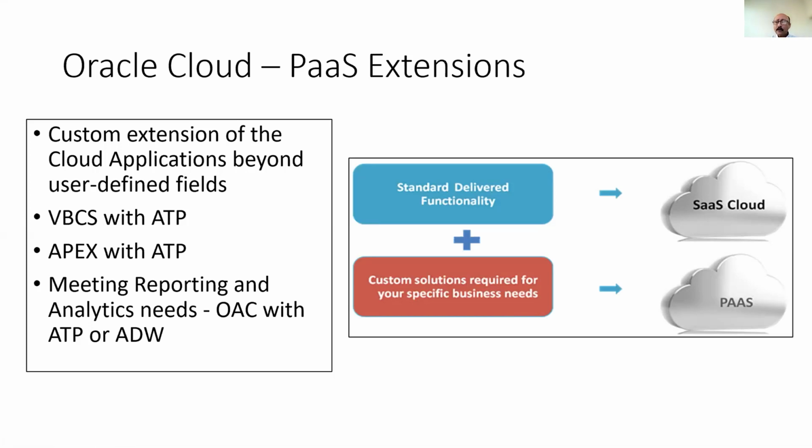And now, when you build an analytical solution, you have to make sure you're not only getting the data through, let's say, BICC extract from the cloud application, but you're also getting the data from the PaaS extension and mixing and merging the data so that it makes sense for reporting.